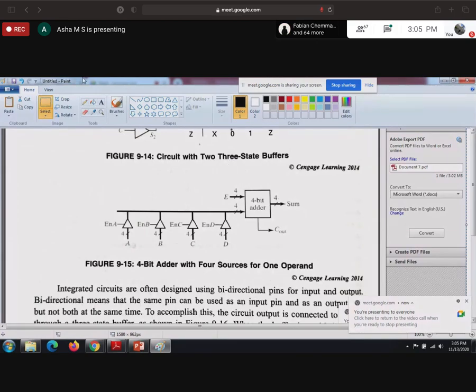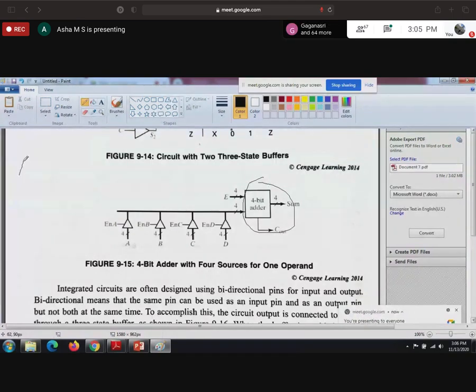So this is the adder we have. So here I have an adder. So in this adder, I have 4 bits. 4 bits means like Z0, Z1, Z2, Z3, like this. Okay.